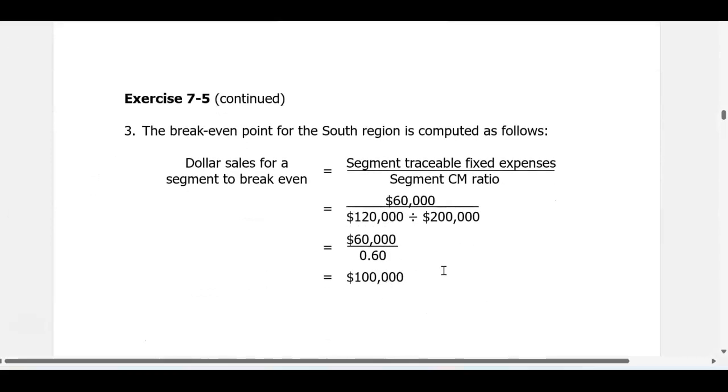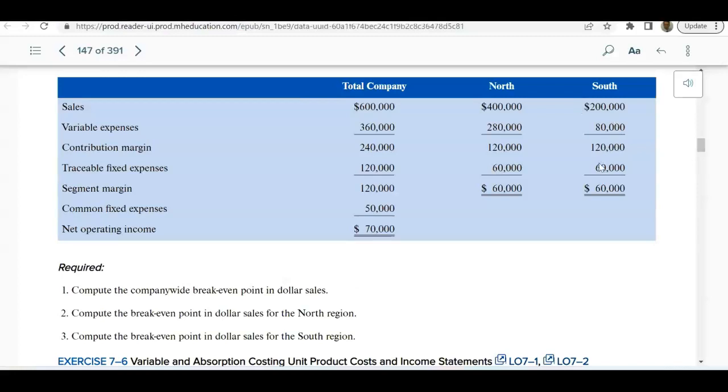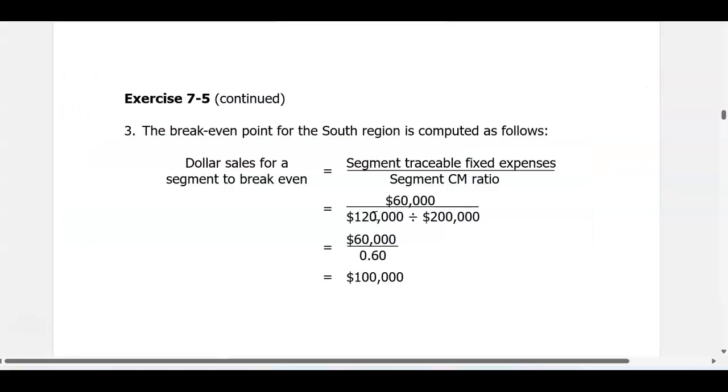South has fixed expenses of $60,000. And the contribution margin ratio is 120 out of 200, which gives you 60% contribution margin.